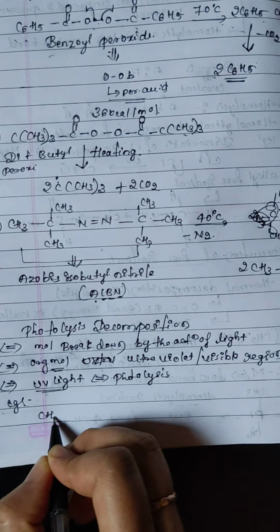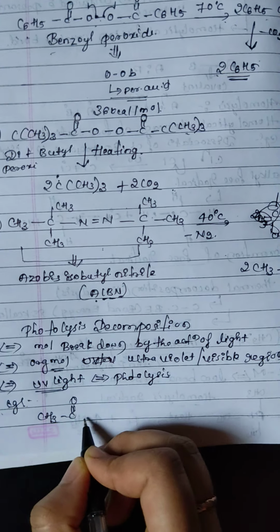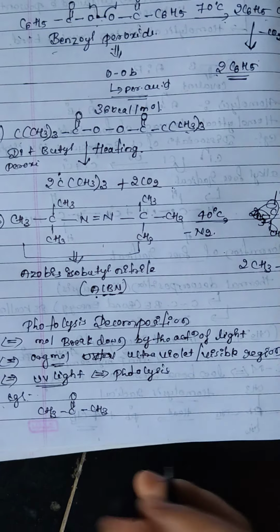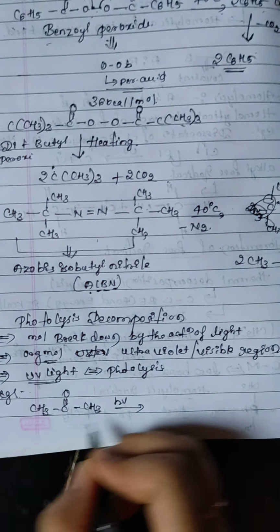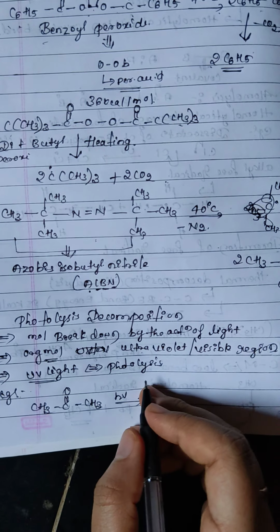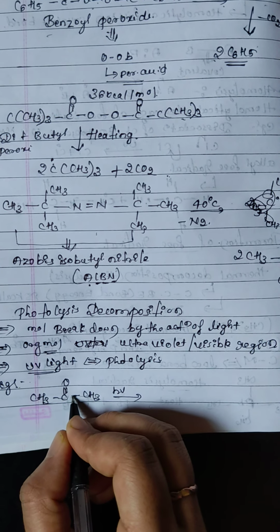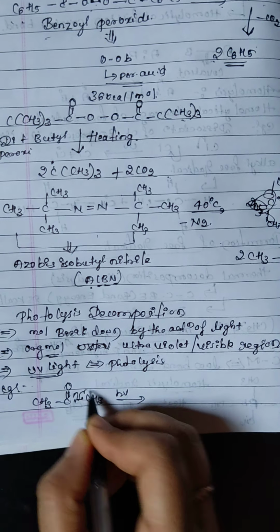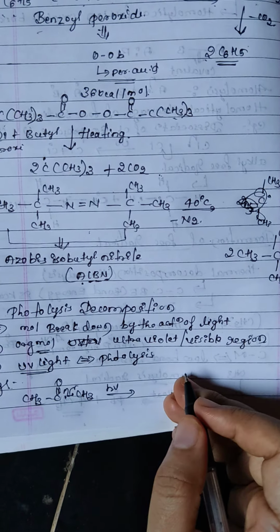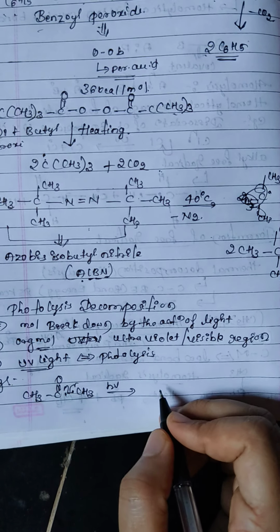Okay, the acetone molecule is given, CH3, C double bond O, CH3. Acetone reacts with the light. We have to remove that: these are the free radicals given. Remove that one and that one. What is formed?